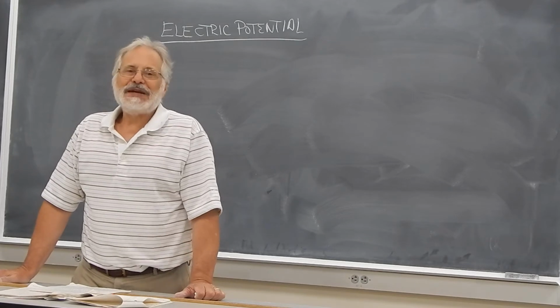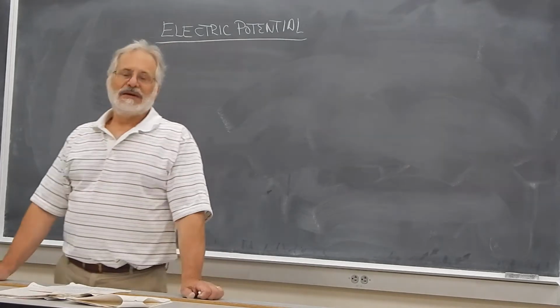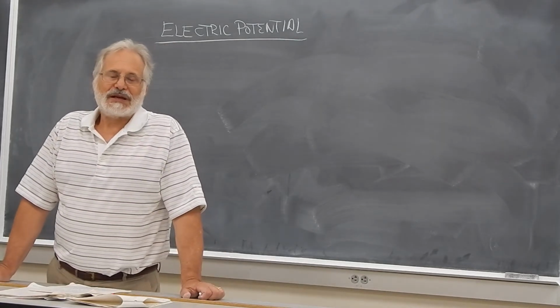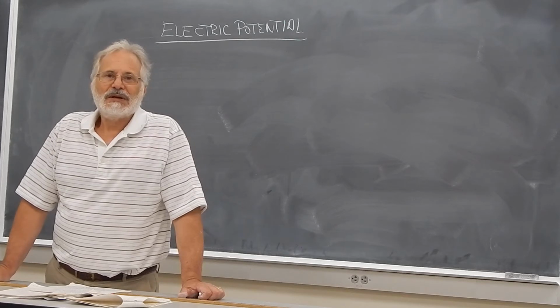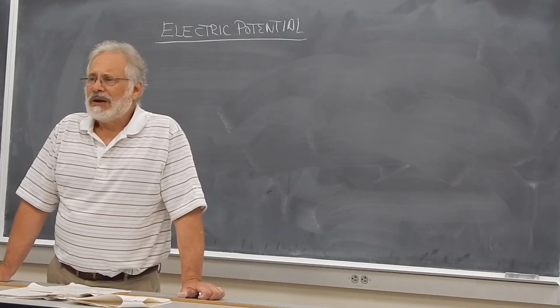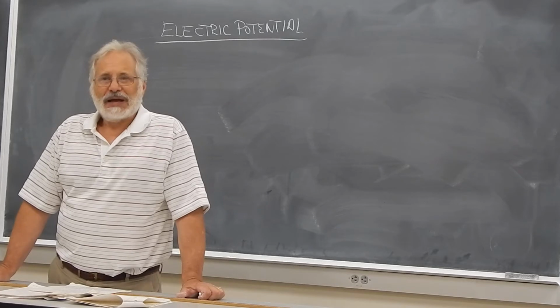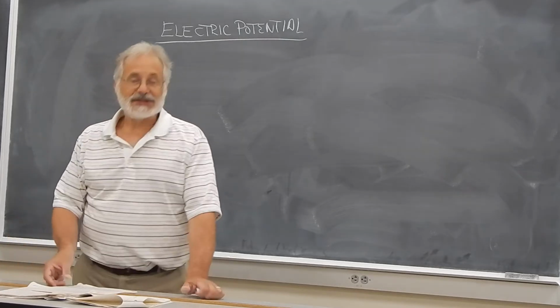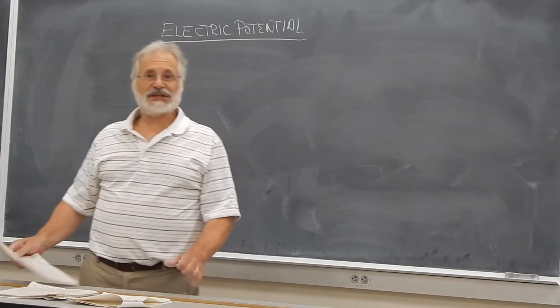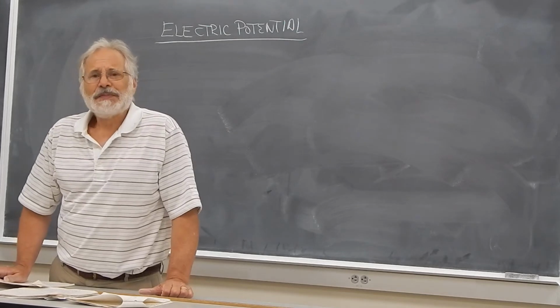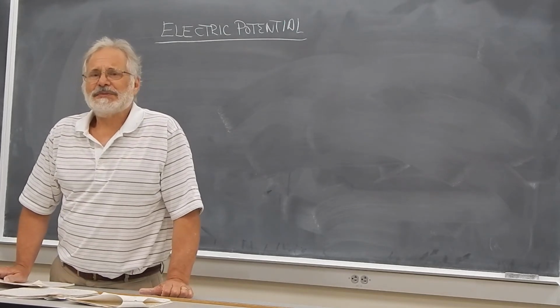That won't be obvious at this level because we're going to use electric potential as its own entity. So learning electric potential is completely advantageous at the upper level. At this level, there are some pitfalls.